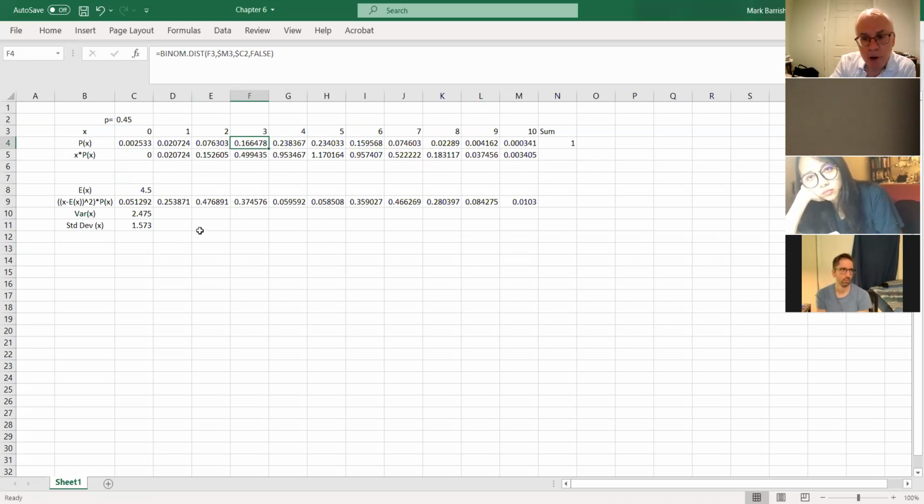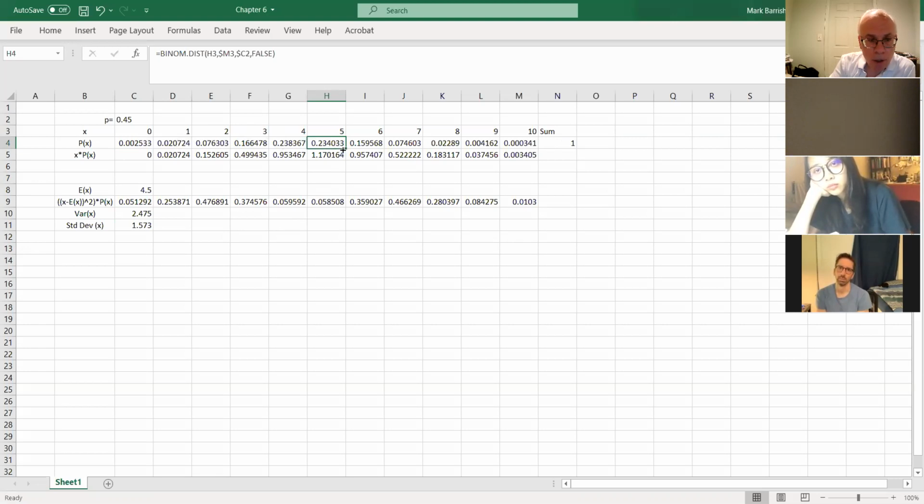What if I wanted to know the following question? What's the probability that X is no more than 5? No more than 5 means less than or equal to 5, correct? I would have to add these 6 probabilities up from 0, 1, 2, 3, 4, 5, right?